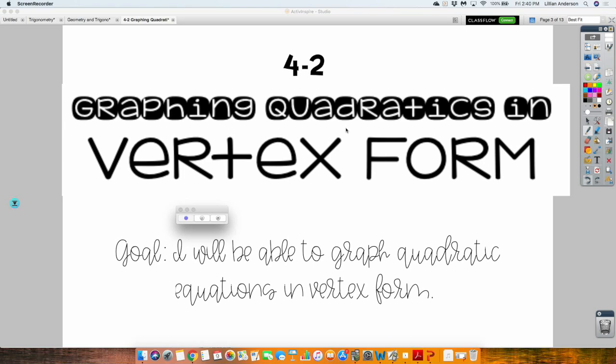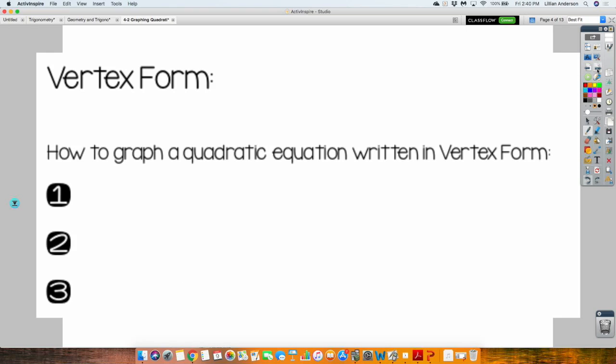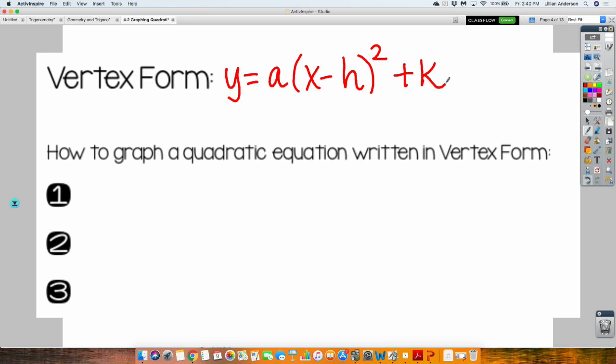And so in order to be able to graph quadratics in vertex form, you need to know what vertex form is. So vertex form is y equals a parenthesis x minus h squared plus k. That is vertex form for a quadratic.